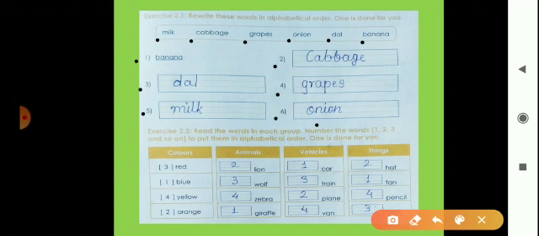Okay, so first here they give an example to us. Red, blue, yellow, orange. Okay, so B comes first in the alphabet out of these words. So blue. Then O comes, so orange. Then R comes, so red. And then Y comes, so yellow. So here is 3, 1, 4, 2.